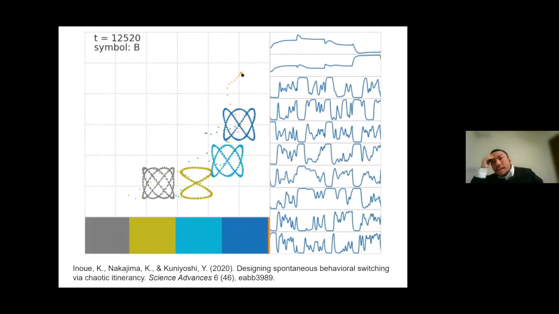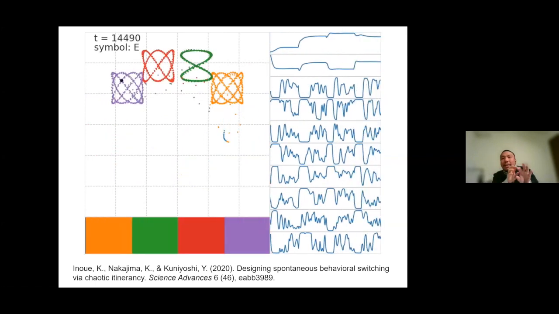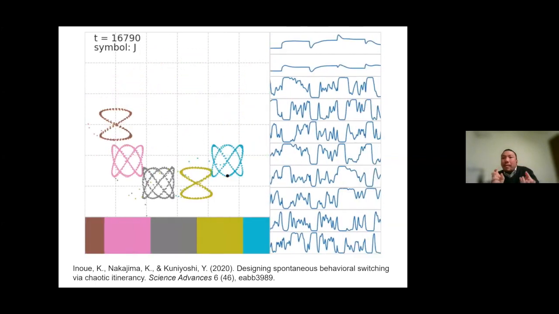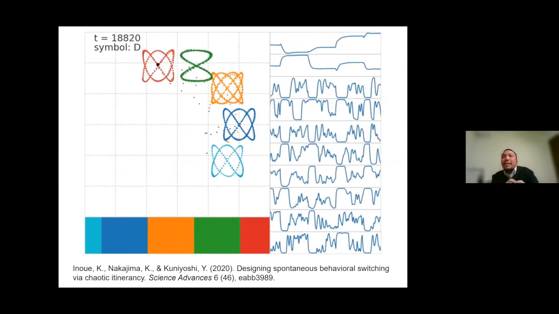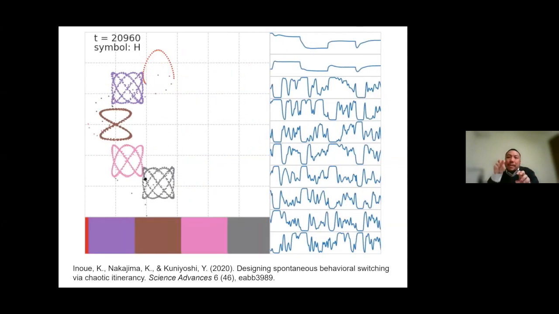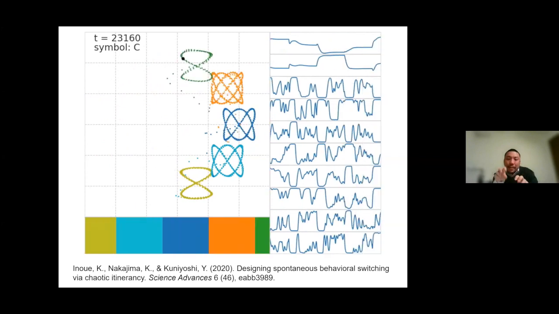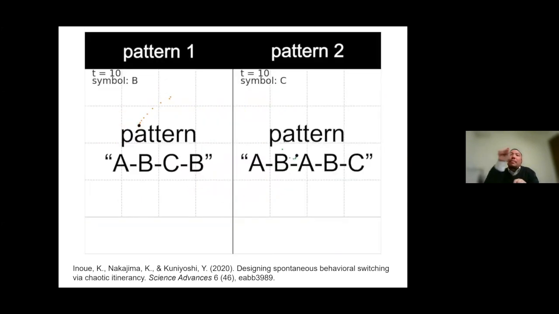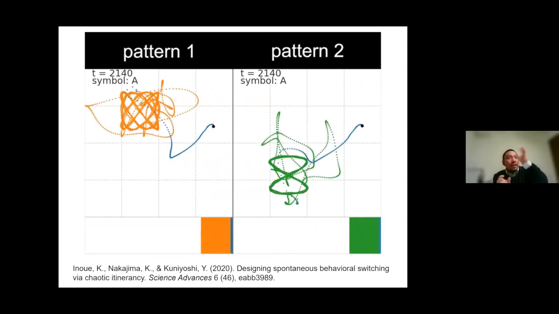So it means that we can design the fine structure of the limit cycle inside. We design small structures, and we can connect all these things and form the larger limit cycle.